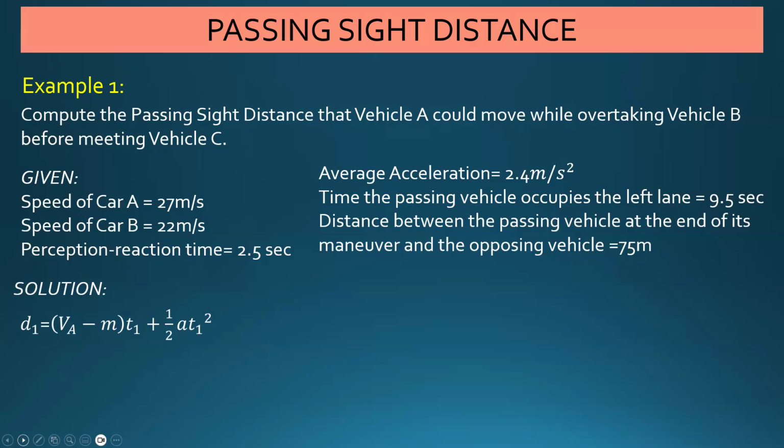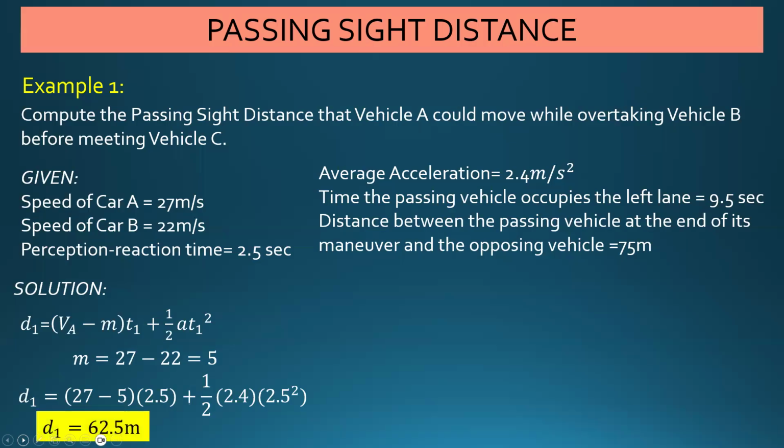Our t sub 1 is the perception reaction time of 2.5 seconds. And our m is the difference of the passing vehicle and the overtaken vehicle, so we have a difference of 5 meters per second. So 27 minus 5 times 2.5 plus 1 half times 2.4 times 2.5 squared. Then we will be able to get a d sub 1 of 62.5 meters.